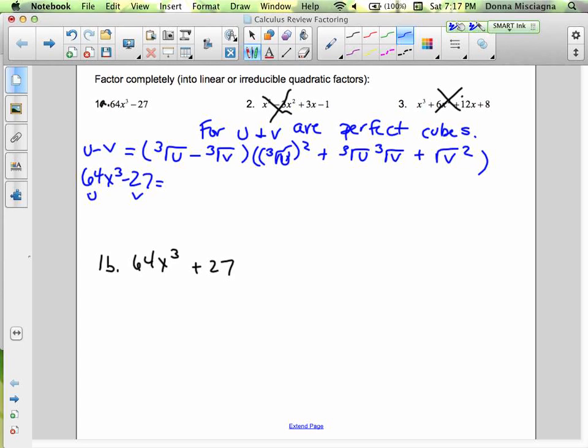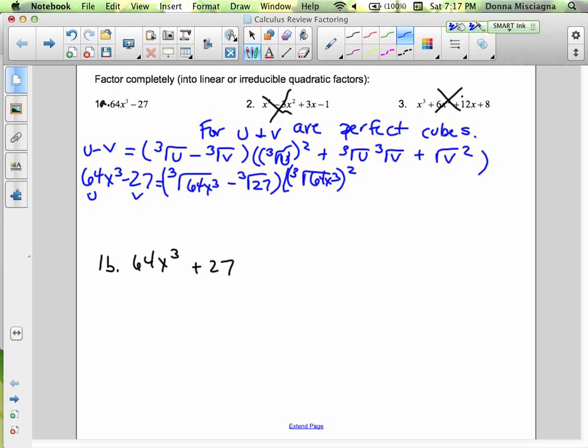It's going to be the cube root of, oops, forgot my parentheses, the cube root of 64x cubed minus the cube root of 27, times the cube root of, just plug in the u again, 64x cubed, but that's going to be squared.